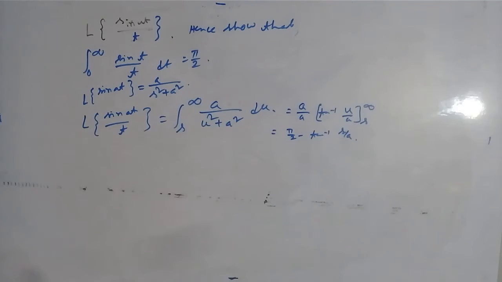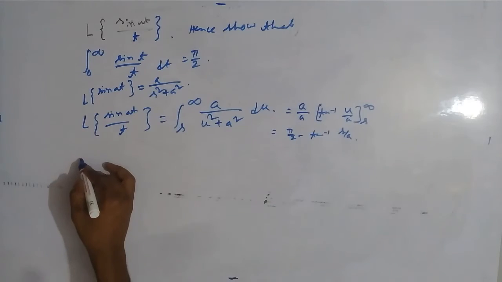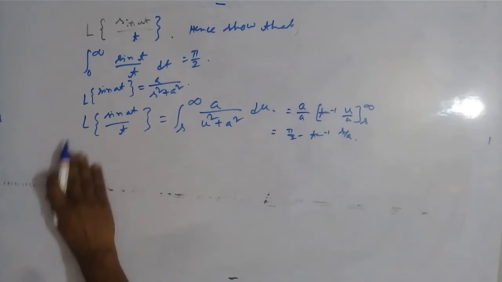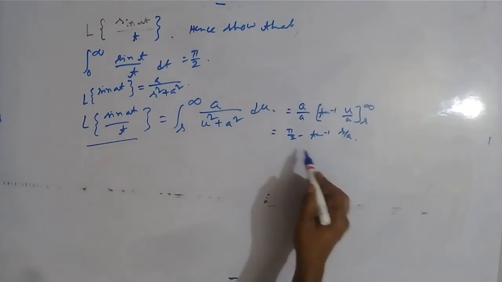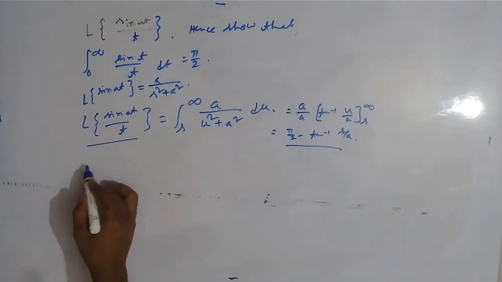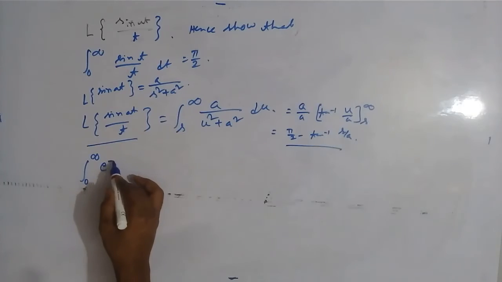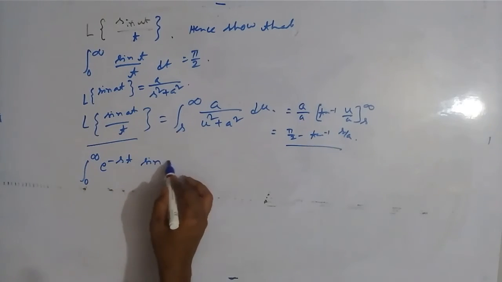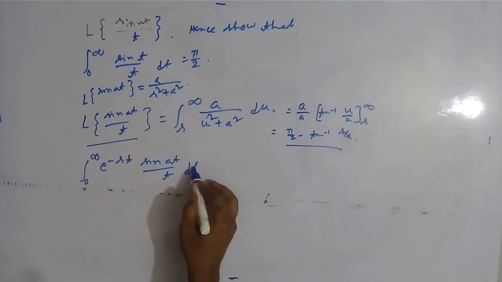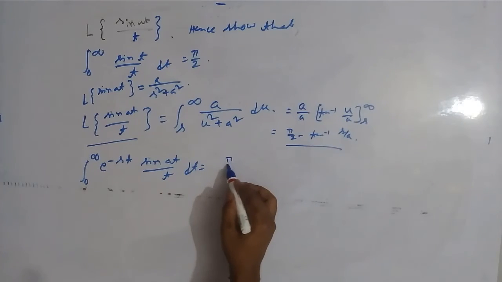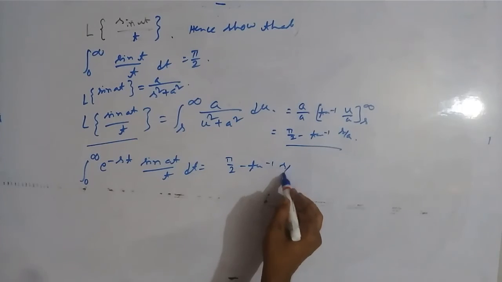Now we have to find integration 0 to infinity sin t by t dt. First we see that L of sin at by t is equal to this. Then by definition of Laplace transform we can write integration 0 to infinity e to the power minus st into sin at by t dt equal to pi by 2 minus tan inverse s by a.